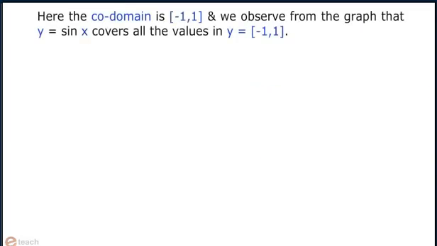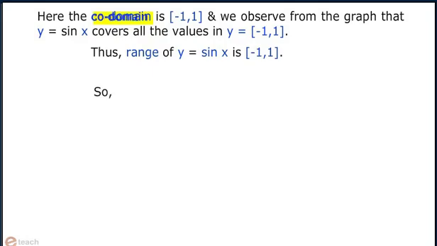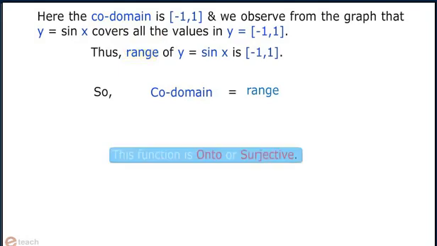Here the codomain is -1 to 1 and we observe from the graph that y = sin x covers all the values in y belonging to -1 to 1. Thus, range of y = sin x is -1 to 1. So, codomain equals the range. This function is onto or surjective function.